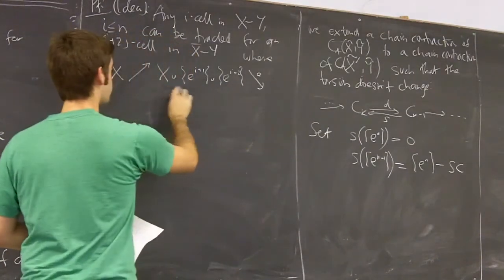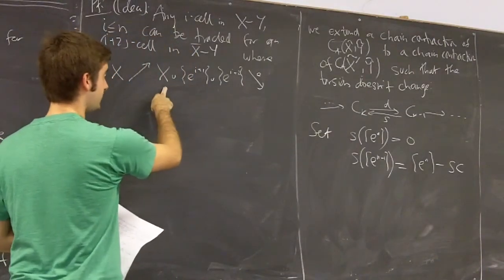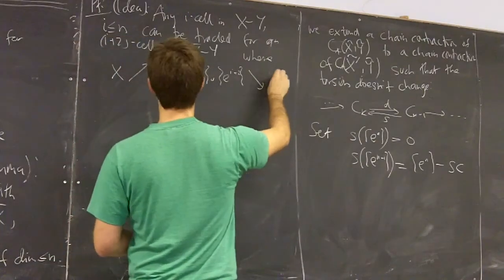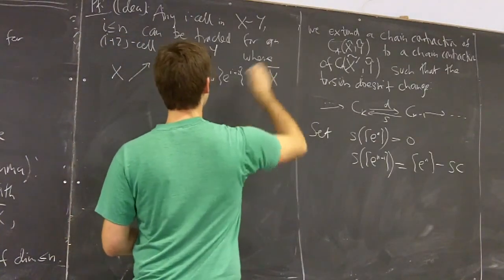So then we contract this and the cell we didn't want here to get X bar.